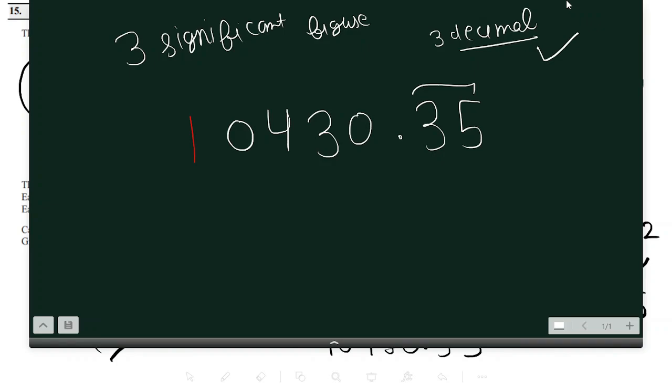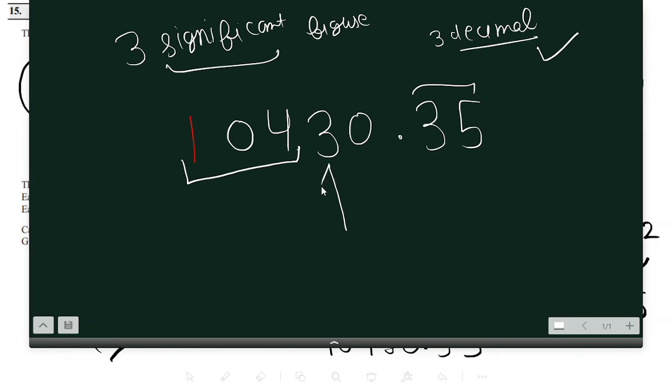First of all, we have to understand the difference between significant figures and decimal places. So for three significant figures, we have to count the first three digits, right?